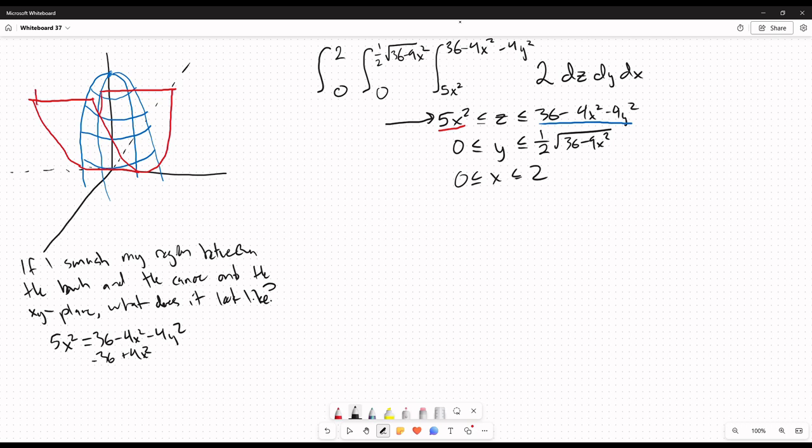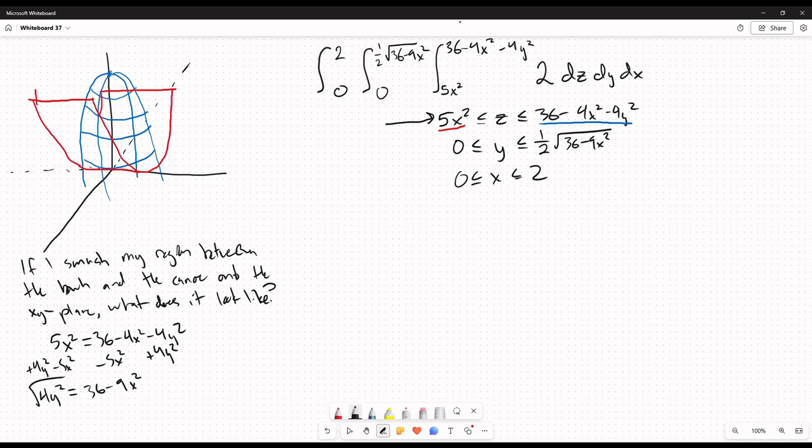Actually, no, we can do this better. How about I add 4y squared, big move, and subtract 5x squared from both sides. If I do that, then on this side, I'm going to have 4y squared equals 36 minus 9x squared.